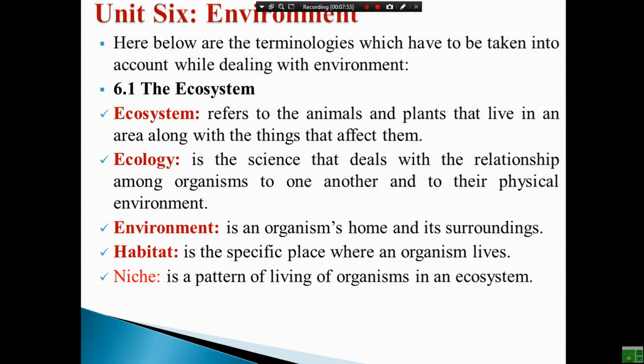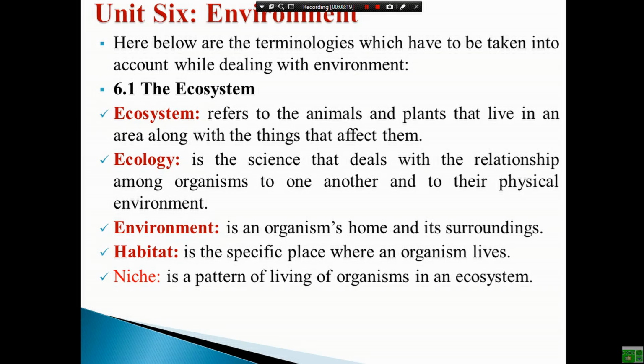Ecology is one of the branches of biological science, but ecologists are scholars or persons that can study not only how individual organisms within a population interact, but also, more importantly, how the different populations interact with each other. Those are ecologists or biologists or scholars.